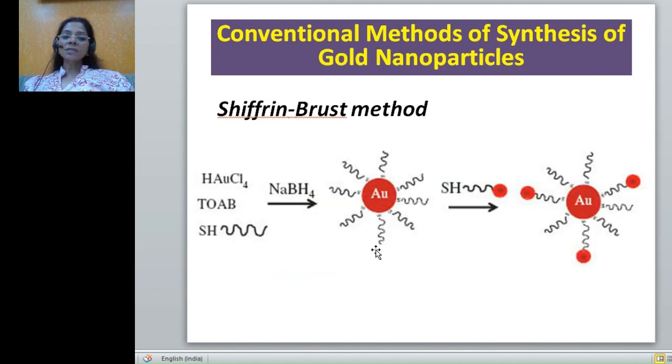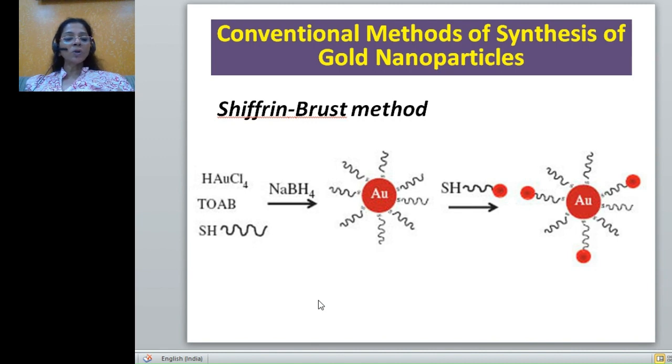In the Brust-Schiffrin method, in the previous method we have used the citrate ion, and in the Brust-Schiffrin method we use sodium borohydride. This sodium borohydride is used as the reducing agent, which is used to reduce the auric salt, the Au3+ salt, to the auric 0 oxidation state.